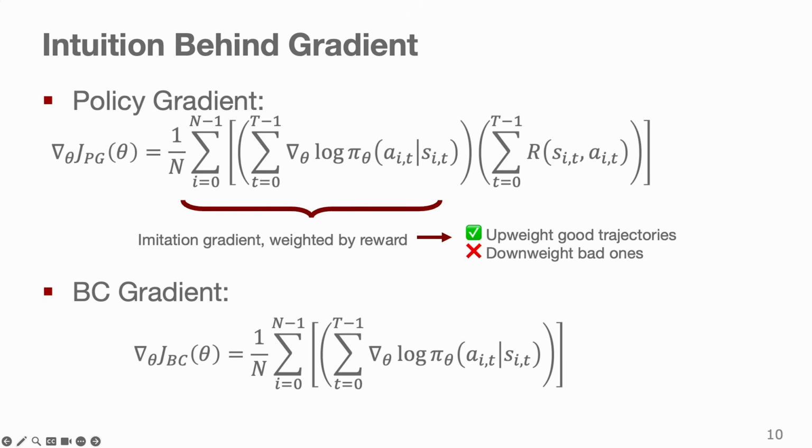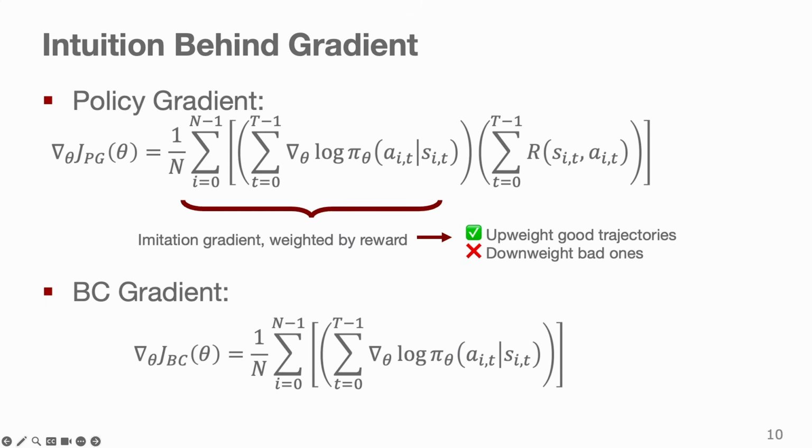So let's build some intuition for what the gradient is actually doing. Probably the easiest way is to compare it to the gradient for the behavior cloning formula, something we covered a few weeks earlier. The behavior cloning gradient is just the sum of the log probabilities of the actions taken. So you're maximizing the likelihood of whatever actions appeared in the data set collected by the expert.